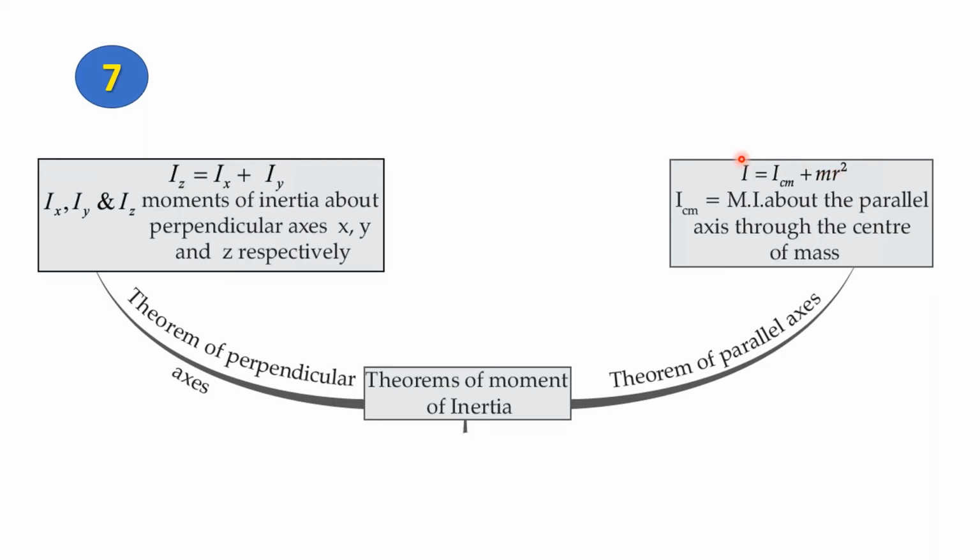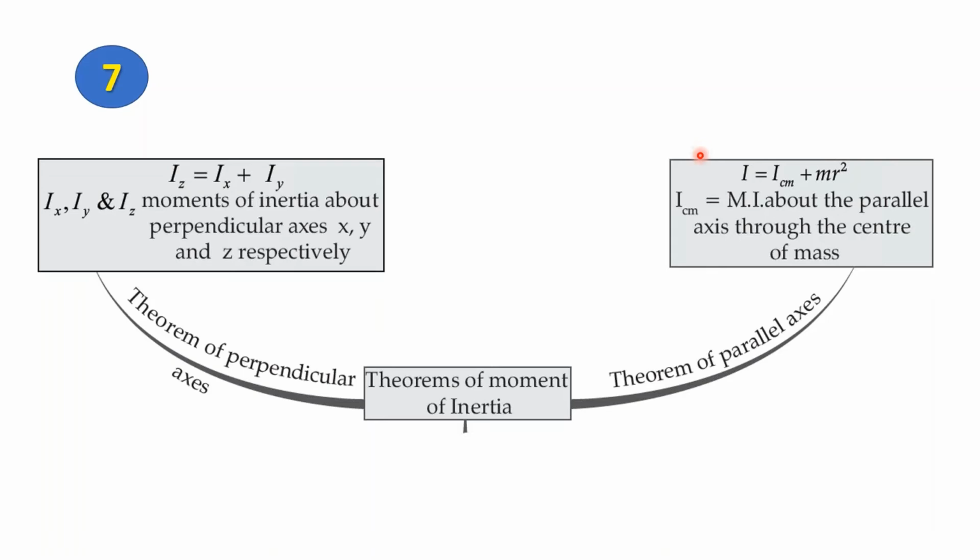So if we need to find the moment of inertia of an object about an axis which is parallel to the axis passing through the center of mass, we add the value of the moment of inertia about the axis passing through the center of mass, ICM, and M R squared, the product of the mass of the object times the square of the distance between the two axes.